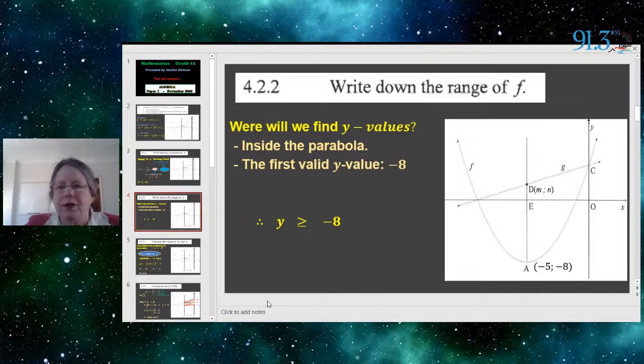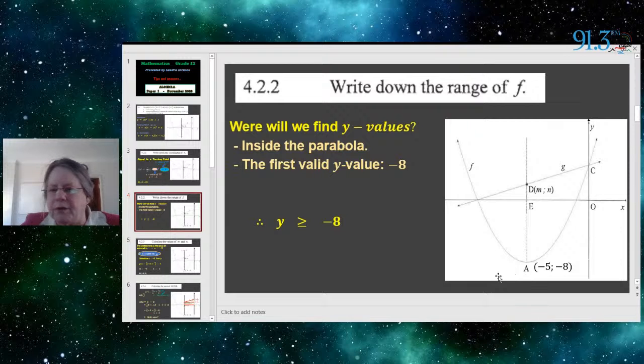So if we now look at our picture on the right-hand side, we have the turning point. I've put it in. It's (-5; -8). And where's the inside of this parabola? The inside is over here. That's your inside. And if the parabola was upside down, it would still be from the top part right to the bottom.